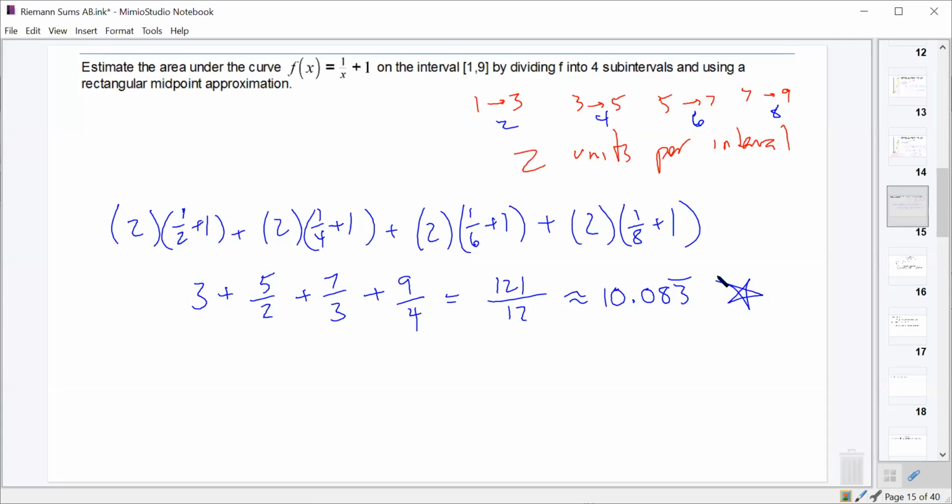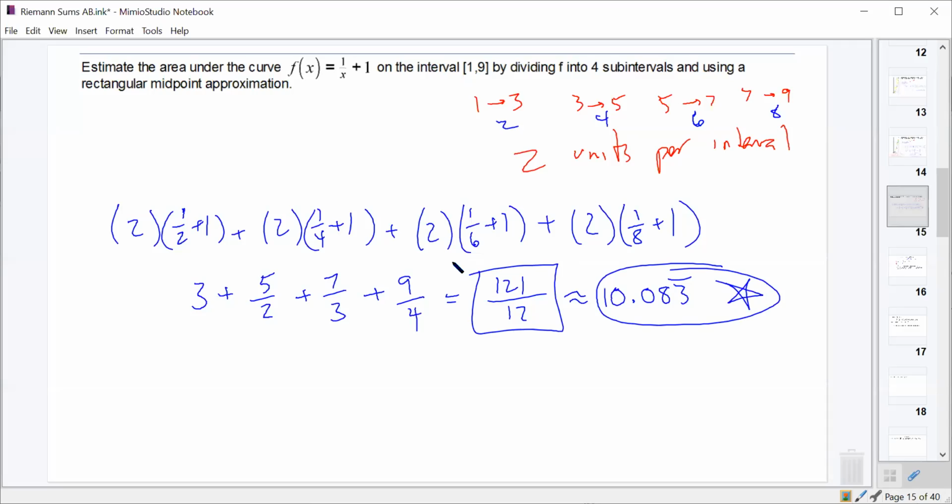Anybody not get that as their approximation? Good. All right. So the last thing I'm going to ask you is, does anybody know the exact value of the area underneath the curve there?